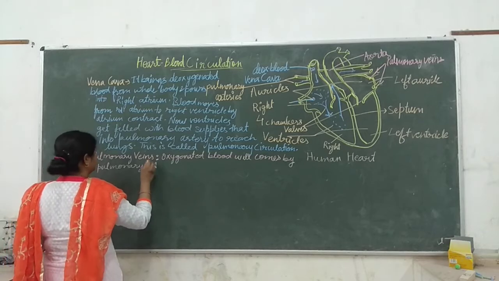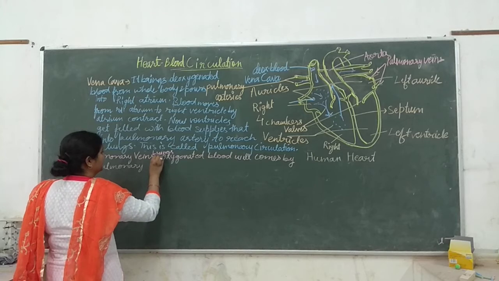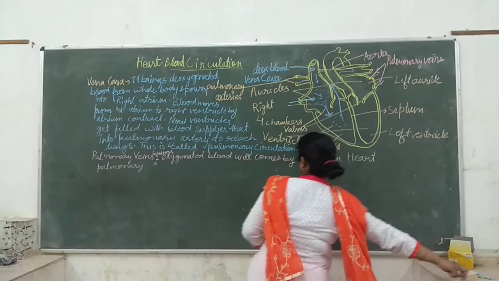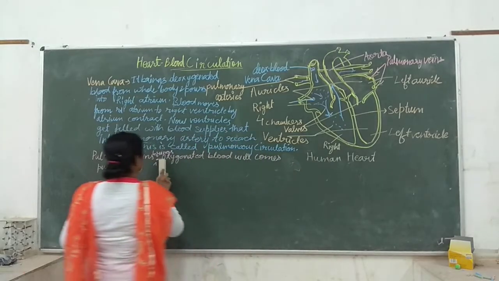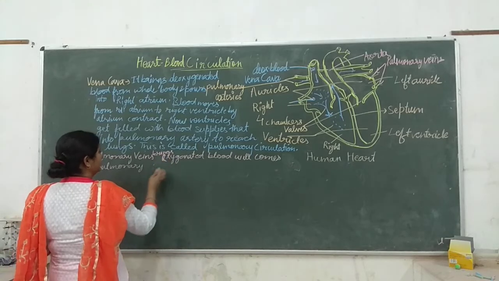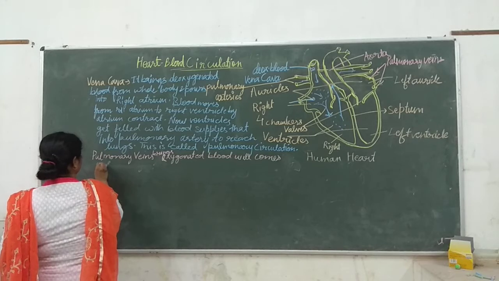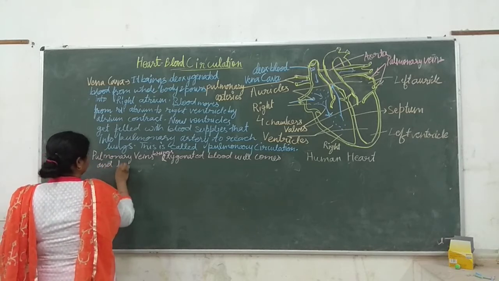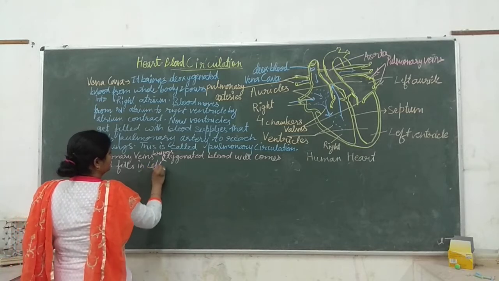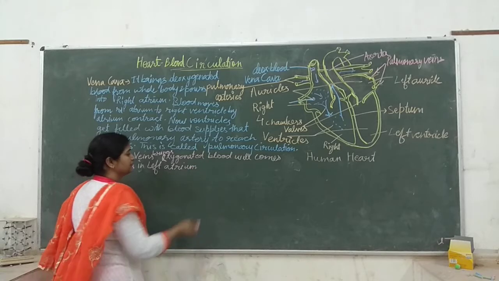Pulmonary veins bring oxygenated blood and fill it in the left atrium.